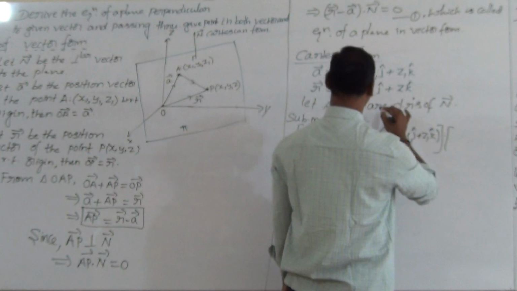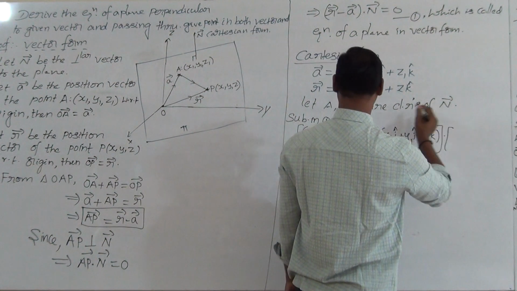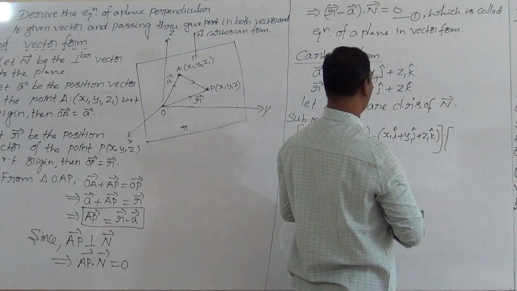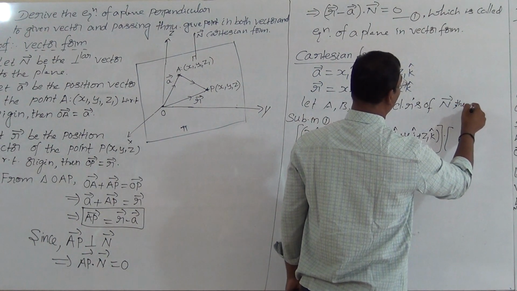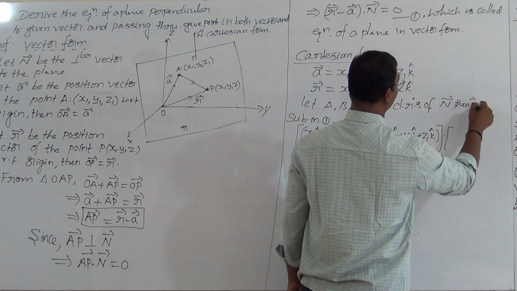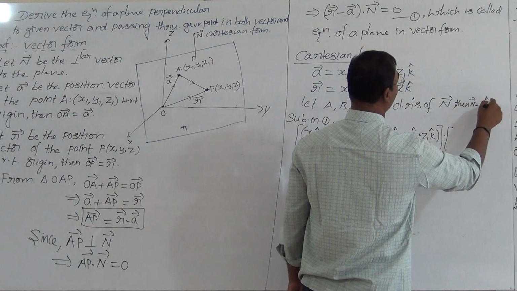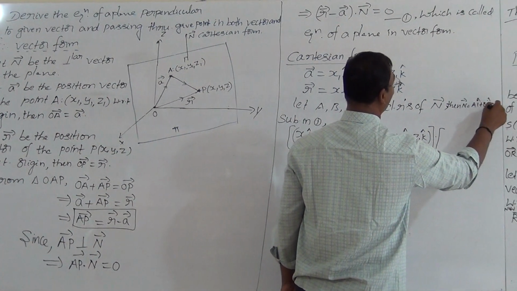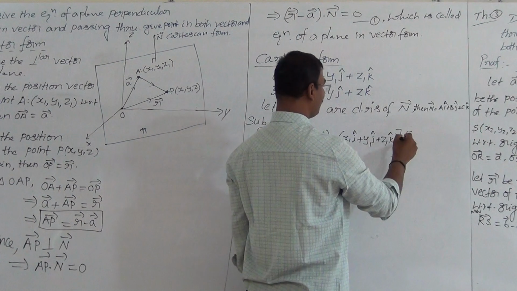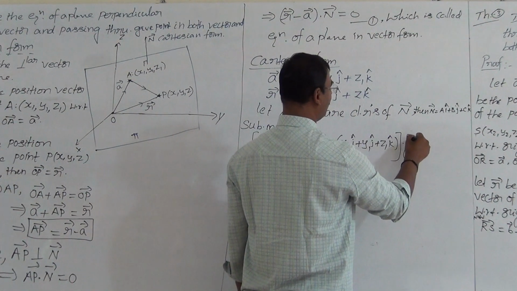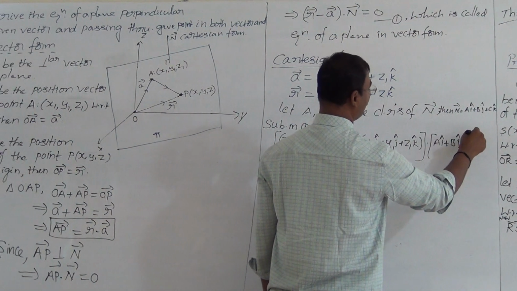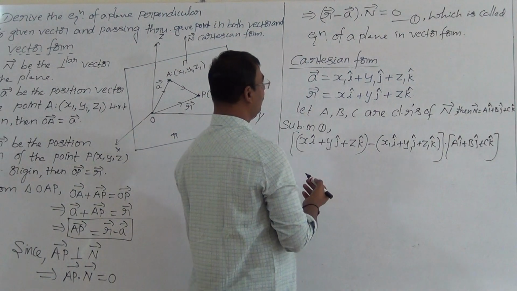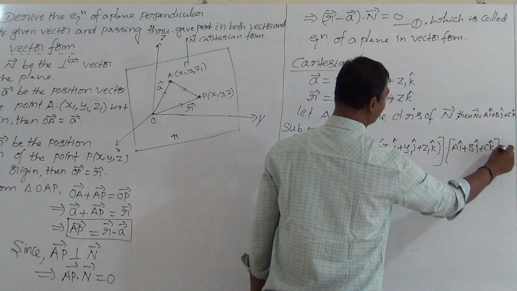If a, b, c are the direction ratios of n vector, then n vector is equal to ai plus bj plus ck. So simplifying, this is equal to 0.